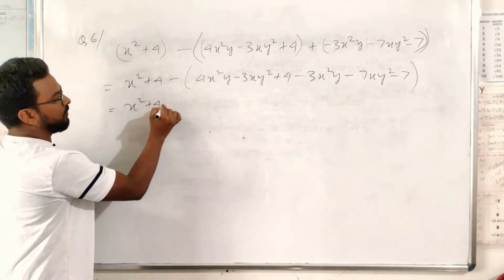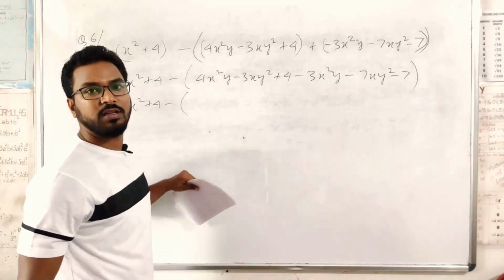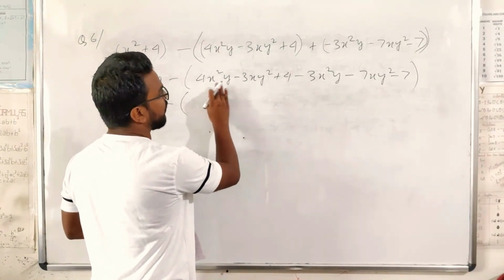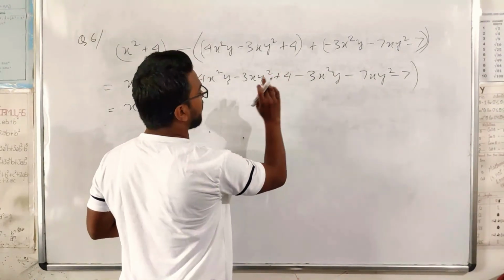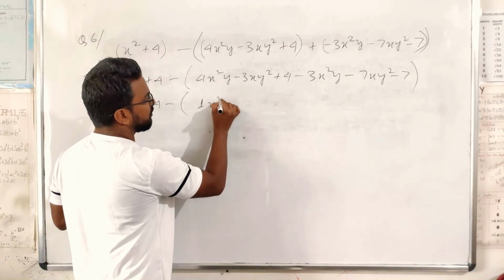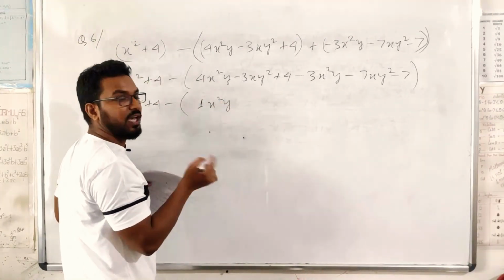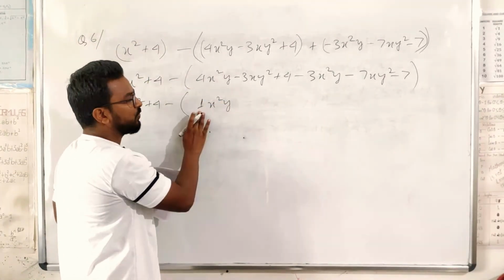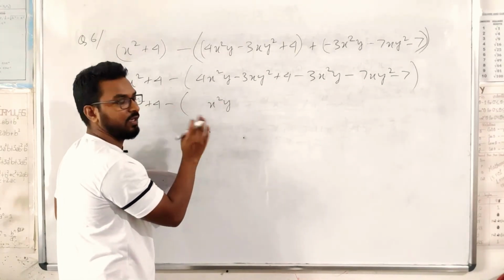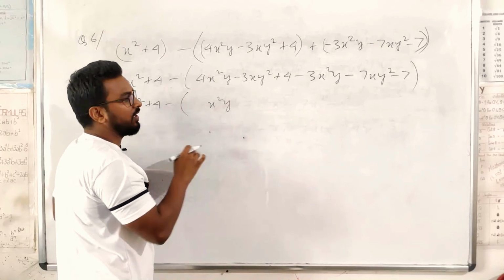x square plus 4 minus, let's solve this one and make it more simple. Okay. So 4x square y, 3x square y. So 4 minus 3 is 1. So 1x square y. Sign will be plus because 4 is greater. So you don't have to write this 1. You can write x square y. It will be the same meaning.